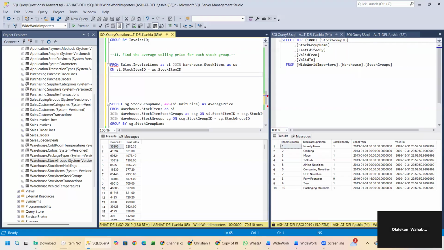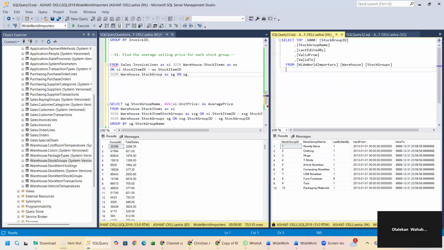Inside the stock groups, we will extract stock group name. So let's join warehouse.stock group as SG, SG dot.